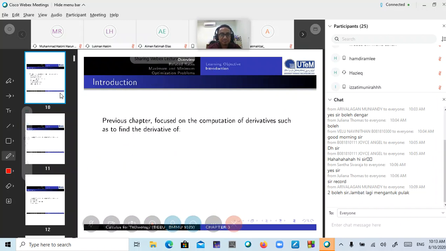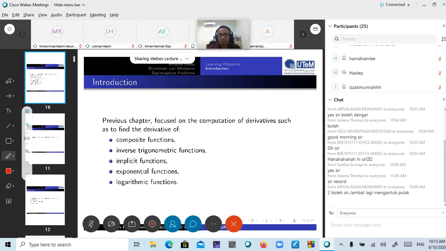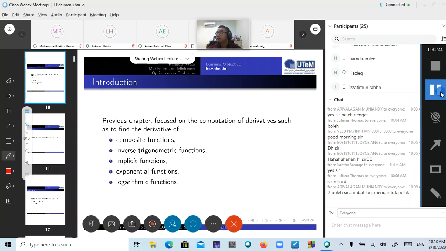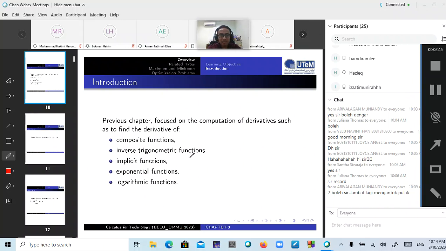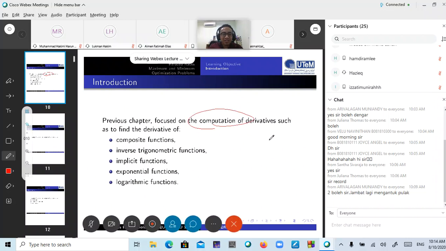Okay. Previous chapter, you already learned on the computation of derivative such as composite function. How to differentiate composite function. How to differentiate trigonometric function.